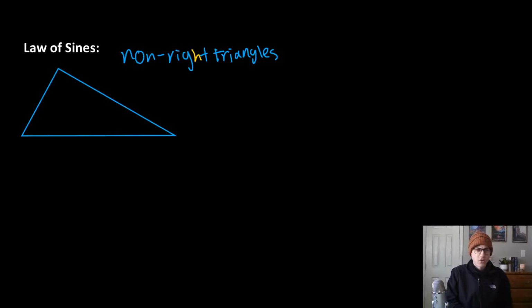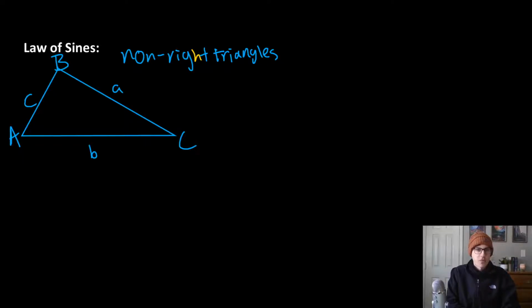We've been priming you for this, but if I have this triangle ABC, let's label the sides: the side across from A, the side across from B, and the side across from C. Remember, this is not a right triangle.